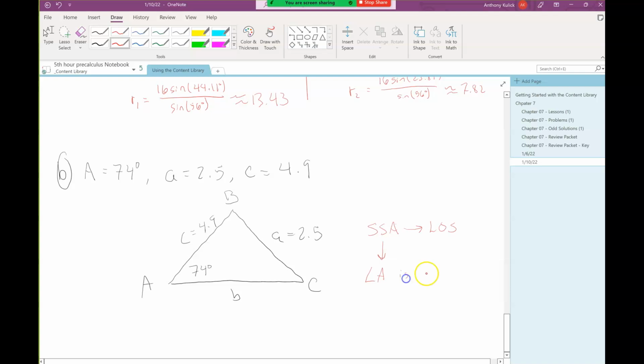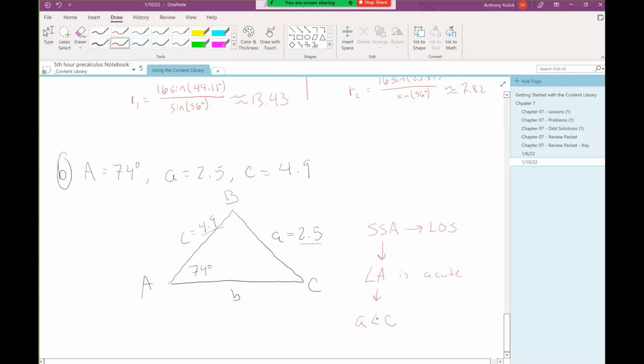Okay, it's acute. Then we need to compare the side that's opposite the given angle and the other side that we're given. So is a less than c, equal to c, or greater than c? A is less than c, right?